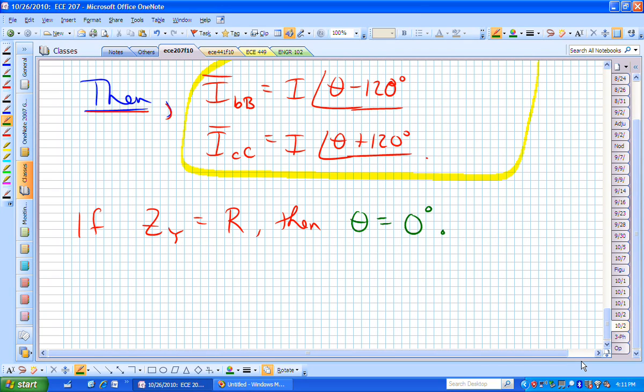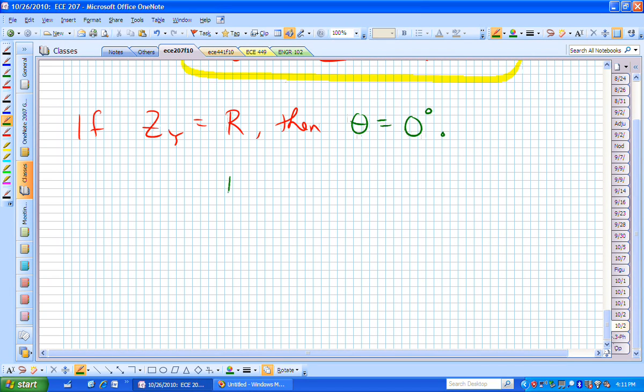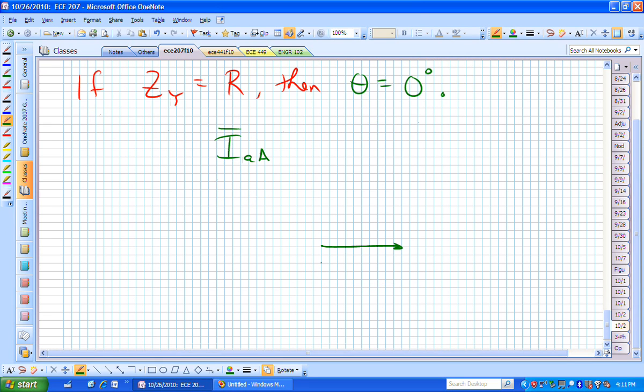If that's the case, then we have this line current, I sub AA, here. We have I sub BB here. So here's I sub AA. These are all supposed to be the same length. This is I sub BB, and I sub CC is there.